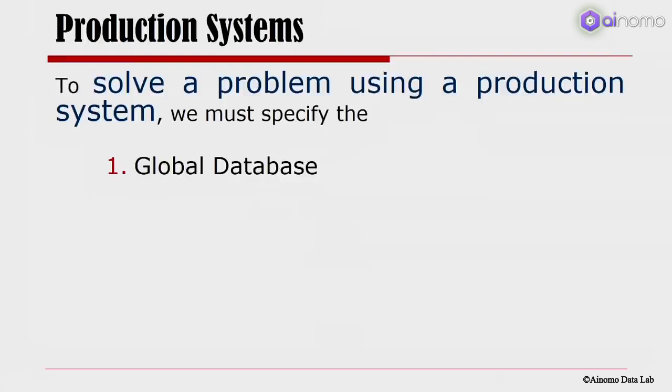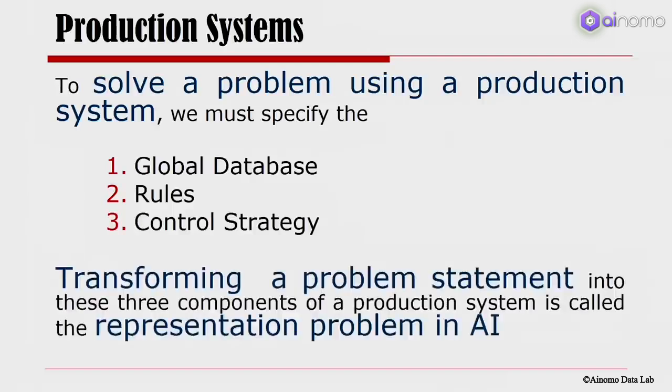So to solve a problem using a production system, we must specify the global database, the rules, and the control strategy, and these three things together form what is called the production system. Now, getting to that stage, or transforming a problem statement into these three components of a production system, is the representation problem in AI.